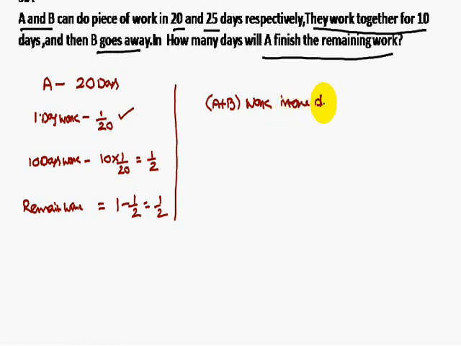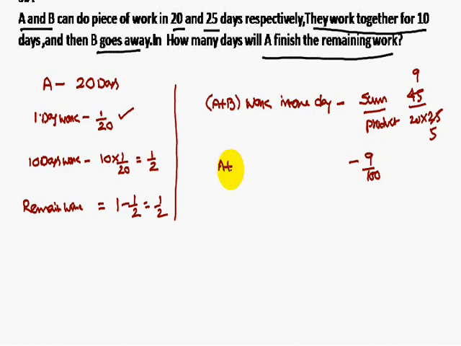A plus B's work in 1 day, how much can they do? Sum by product. This much work they can do. Sum by product means 45 by 20 into 25. That means 5 9s are 45, 5 5s are 25. That means 9 by 100.